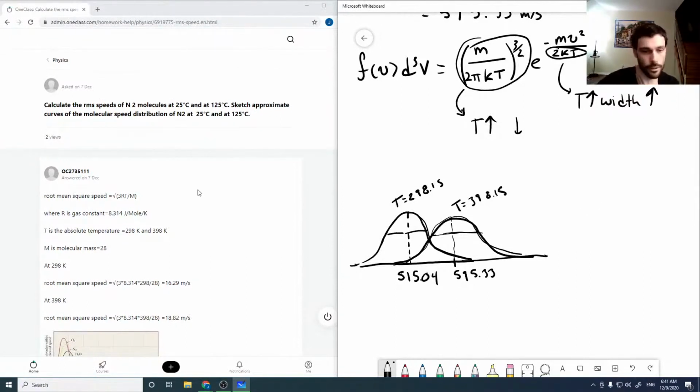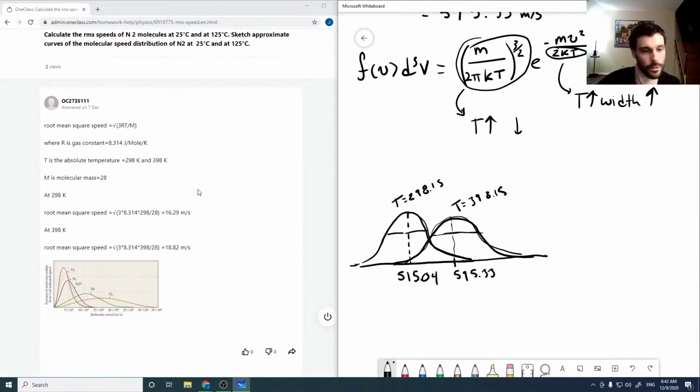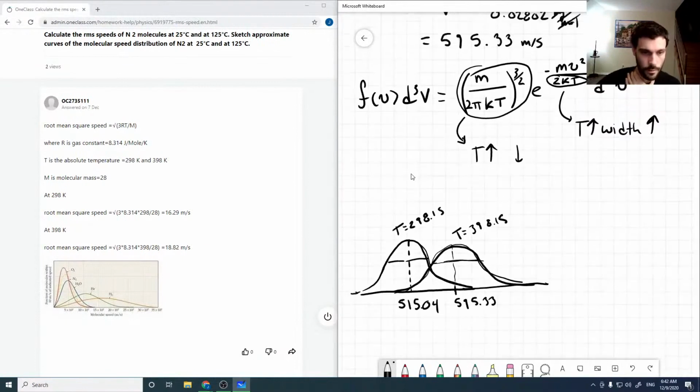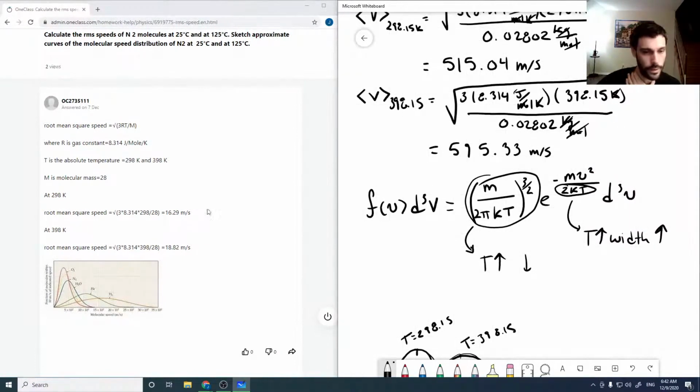Okay, so if we take a look through the solution posted, it just gives the equation, that's fine. So they get different speeds, but if we look closely, we see they did not convert the molar mass from grams per mole to kilograms per mole, which is going to throw this all off.